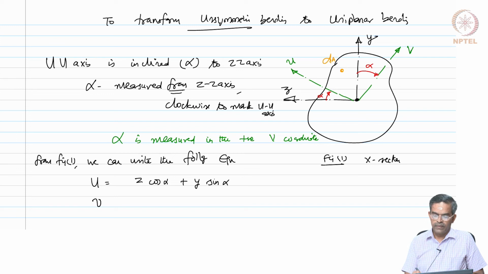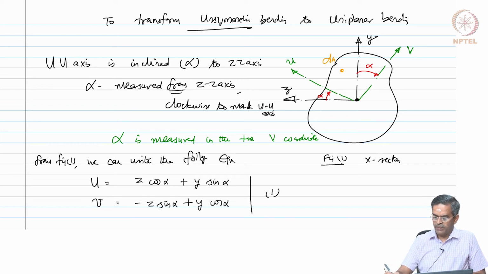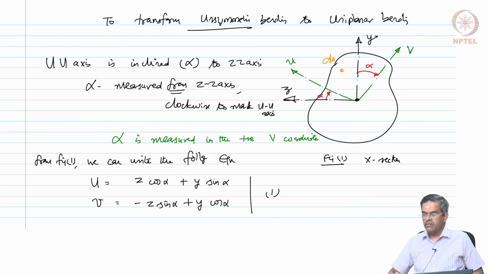V is given by minus Z sin alpha plus y cos alpha. We call this equation number 1. It is a basic equation written with reference to figure number 1.